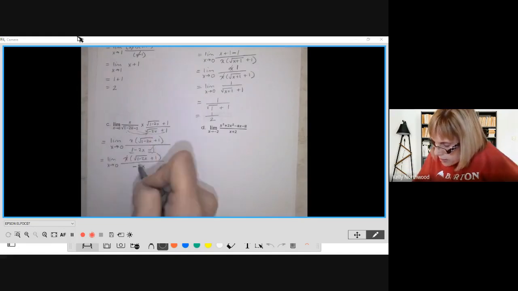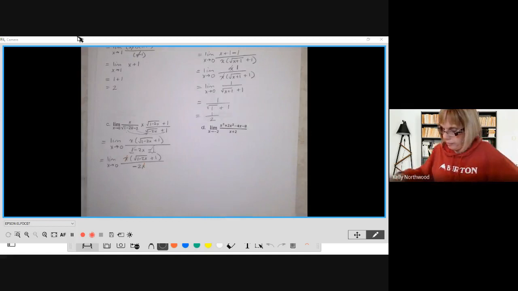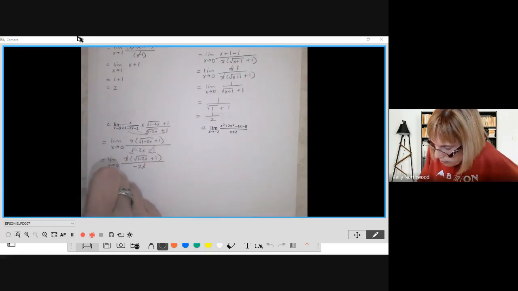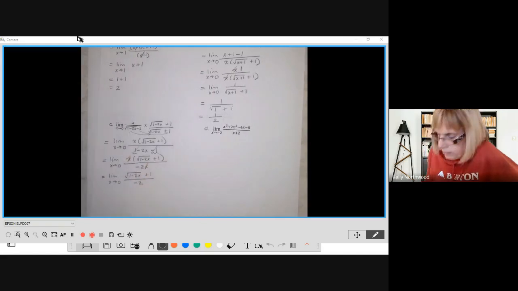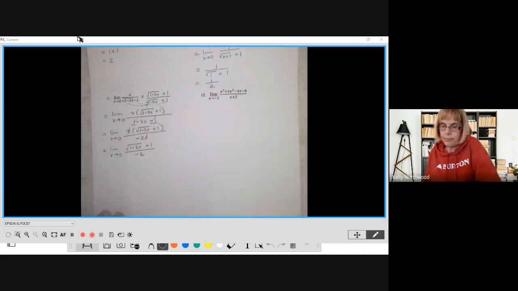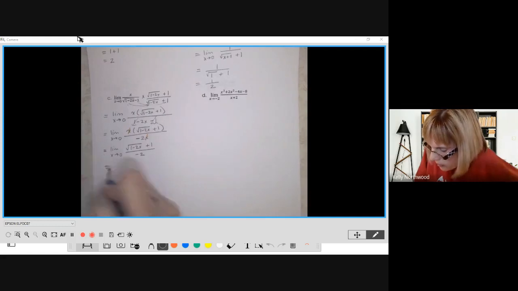And these x's are going to divide out. So now it's safe to let x approach 0 because the denominator is the constant negative 2.